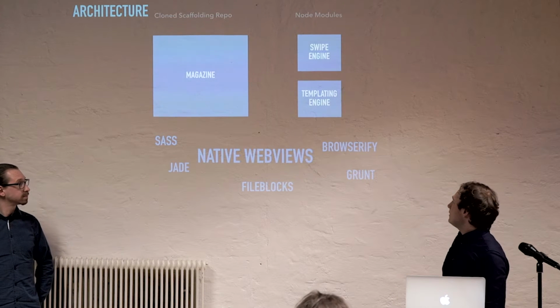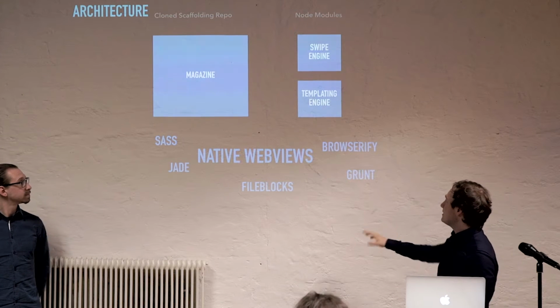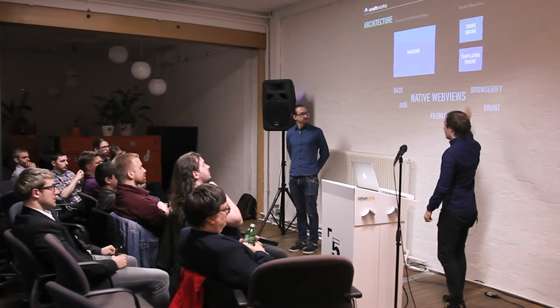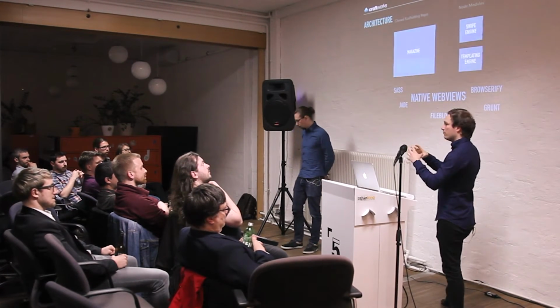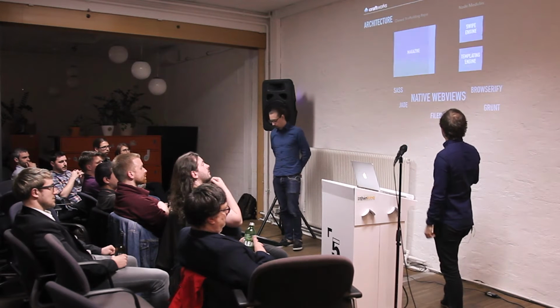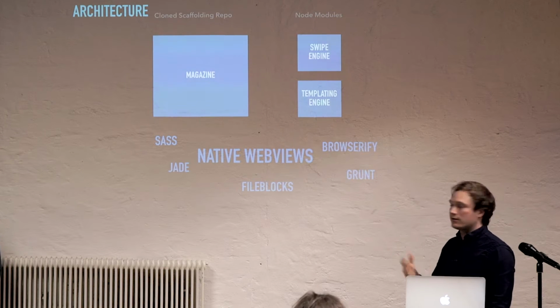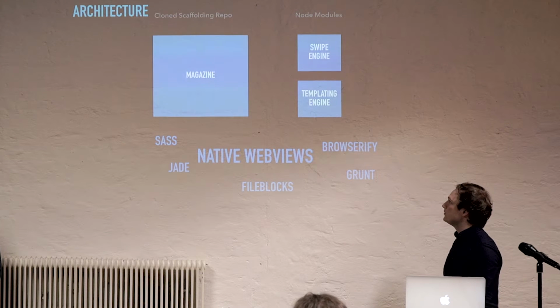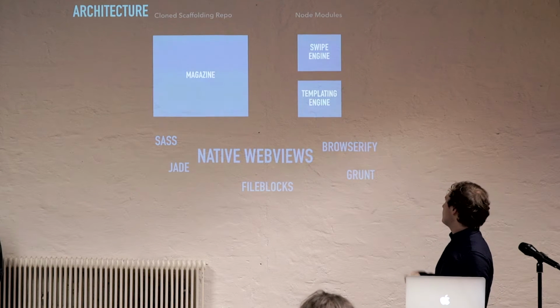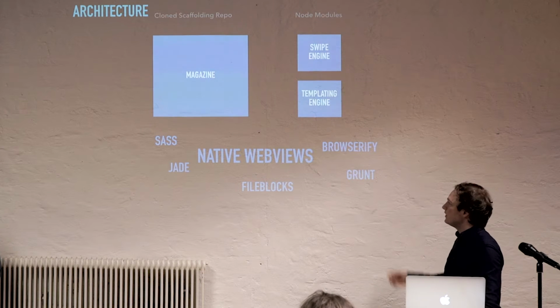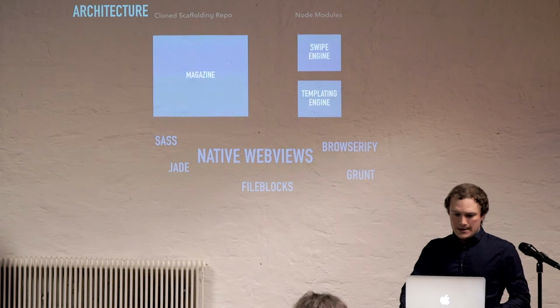Technologies we used, so basically it's obviously all web technologies, but we put it in a container which uses a native Android or iOS web view. We use Sass and Jade for the templates, Browserify and Grunt, and Fileblocks for the JavaScript.